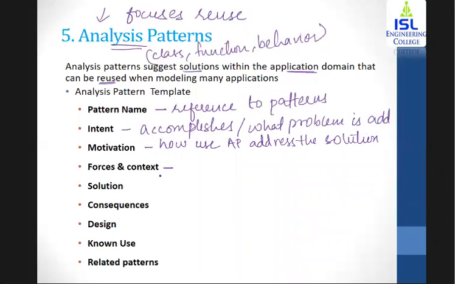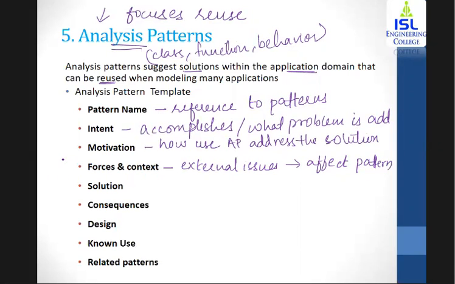Next one is forces and context. Here you have a description of all the external issues, the different constraints, and how these external issues are going to affect the pattern that you're going to use.